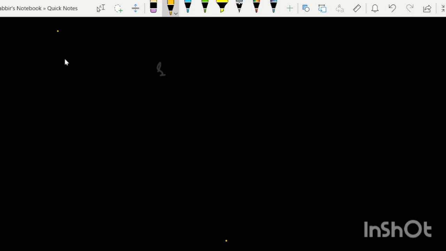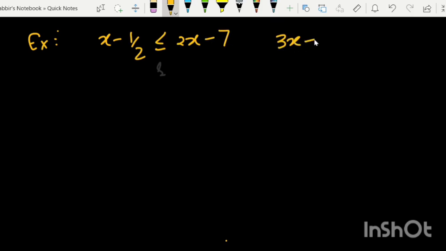So guys, sometimes we may encounter questions like this: x minus half less than equal to 2x minus 7, comma, 3x plus 1 less than equal to 18. There are two inequalities involved.